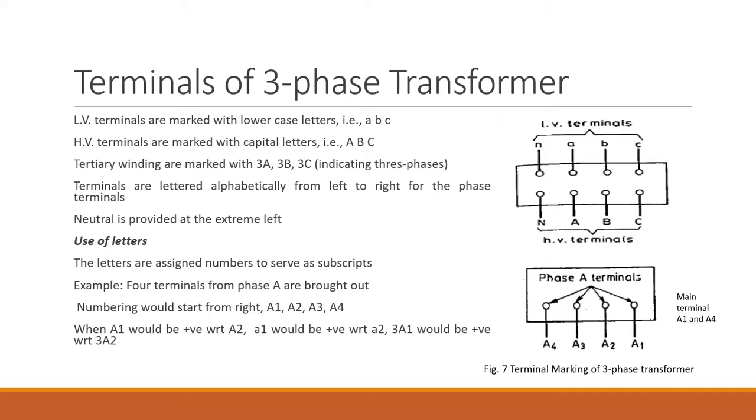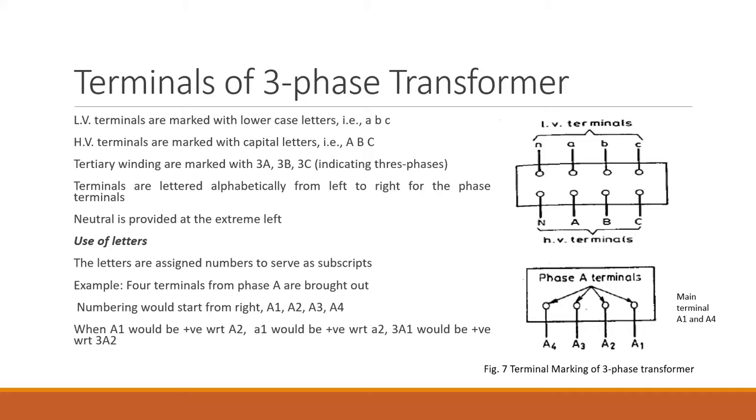Before proceeding, let us talk about the terminals of a three-phase transformer. Basically in a three-phase transformer there will be three windings on the primary and three windings on the secondary side, or you can call them low voltage windings and high voltage windings.